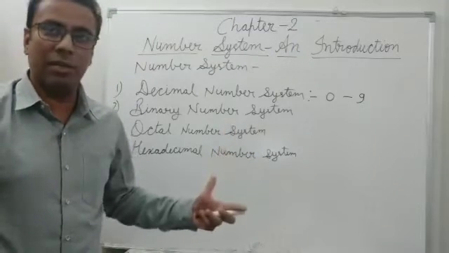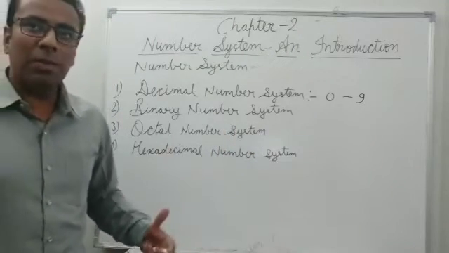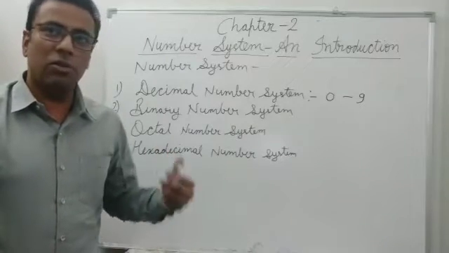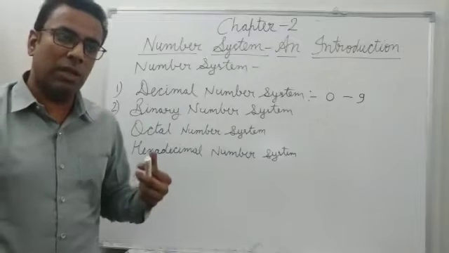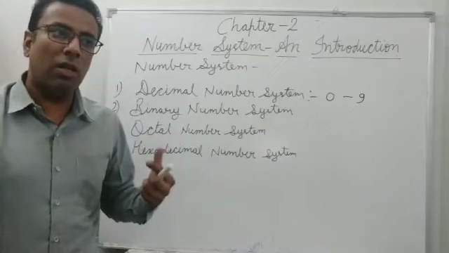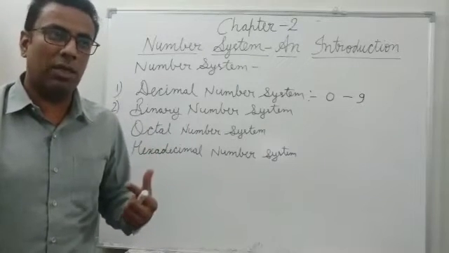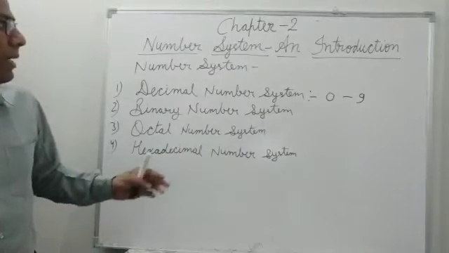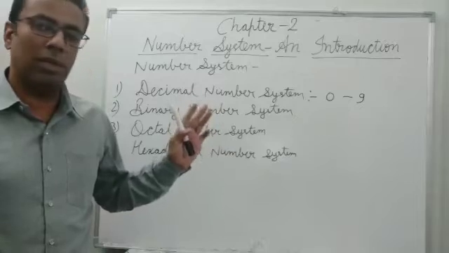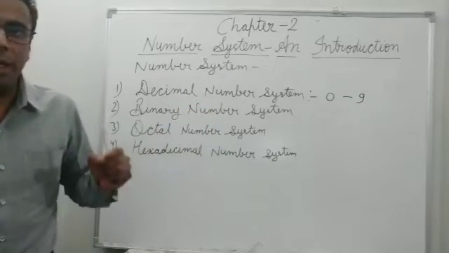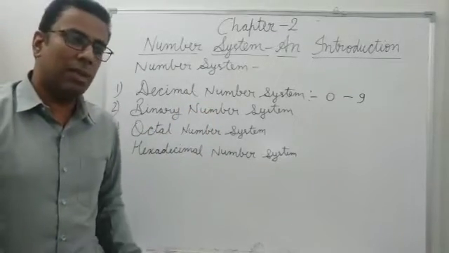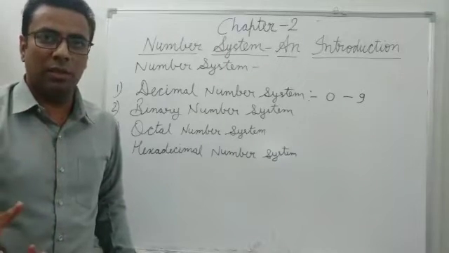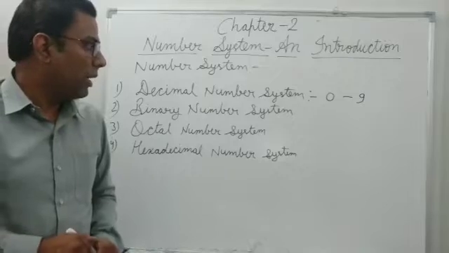These digits are used to represent a number or quantity. Any quantity greater than 9, for example 26, 82, 35, is represented by a combination of 2 or more digits.